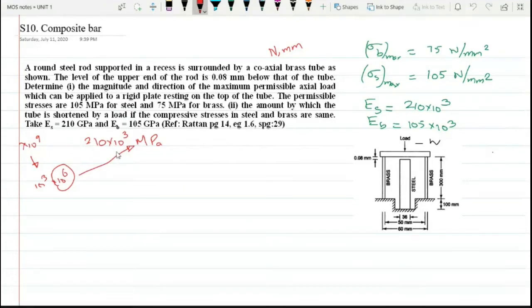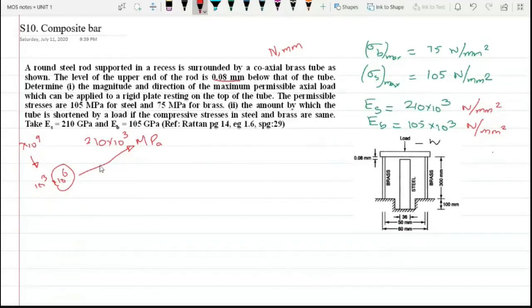So 210 into 10 power 3 megapascal. Similarly, Young's modulus for brass is 105 into 10 power 3 megapascal, which I can write as 105 into 10 power 3 Newton per mm square, because 1 megapascal is 1 Newton per mm square. Similarly, E for brass also in Newton per mm square. All the data has been converted to Newton and mm.